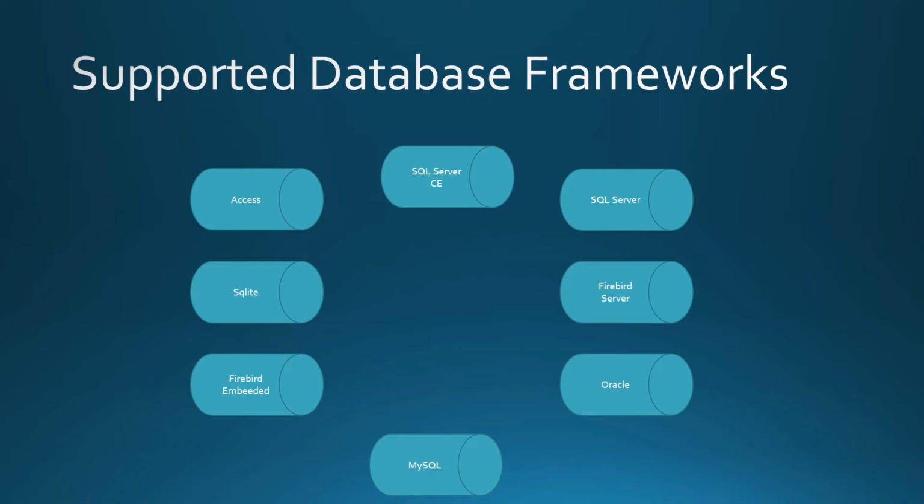Or if you wanted to do it in SQLite, you can. It's the same thing. It's just a different file structure. But these are the database structures that it supports, and you'll notice that there are some that are just standalone, reside on your machine, and then there are also some client-server ones like Oracle, MySQL, and SQL Server.